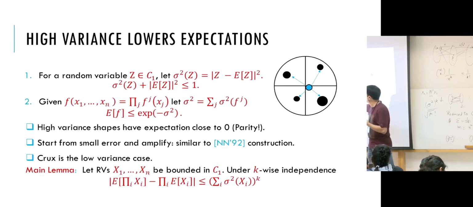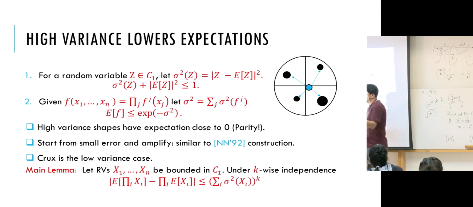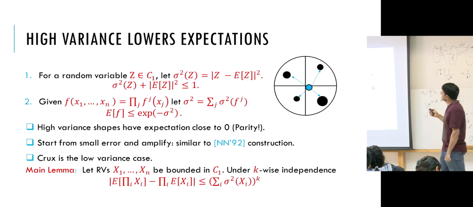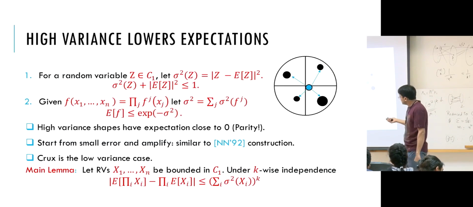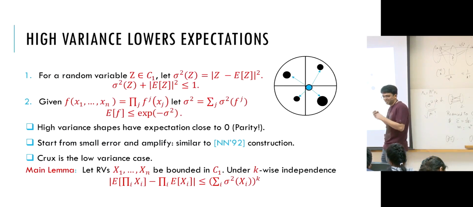So a small calculation tells you that the expectation is exponentially small in the total variance. When the total variance across these things is high, things mix, and most of the time you're very close to 0 in expectation. So high variance shapes have expectation close to 0, and this makes them easy to deal with.